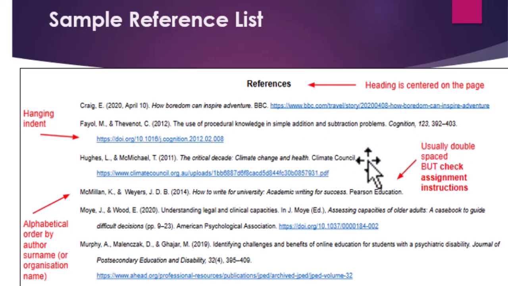But generally for APA 7, they should be double spaced. But again, between the references there should be no space. You can see between this reference and this reference, there is no space. So that is how you write and format the reference list in APA 7. Thank you.